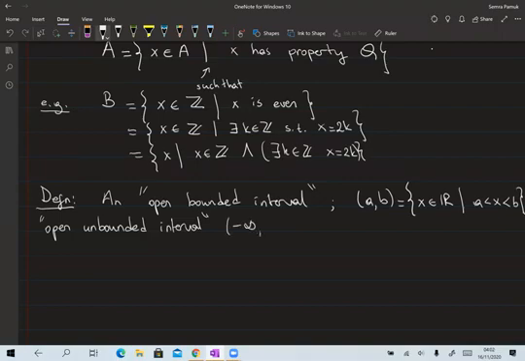It could be this one: real numbers such that X is less than A, any real number less than A, or it could be A comma infinity.